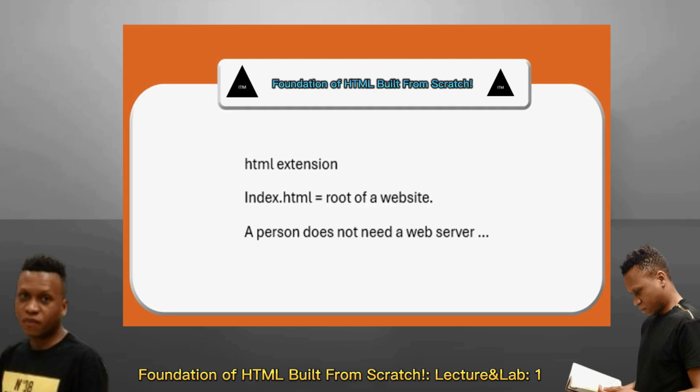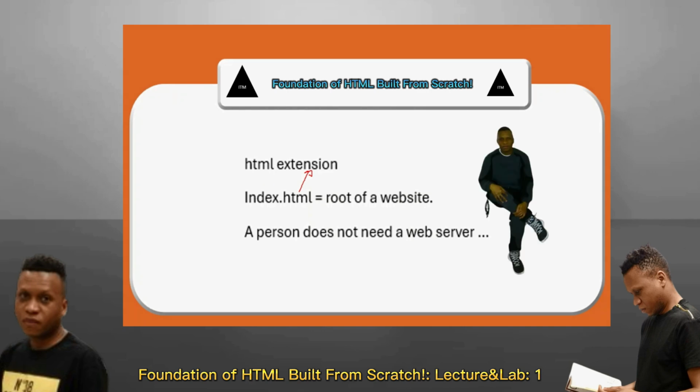Now, when you create a document, you need to have an HTML extension. You see, for example, here, this one is the file. This one is the extension. Okay, so this one is the root of a website.